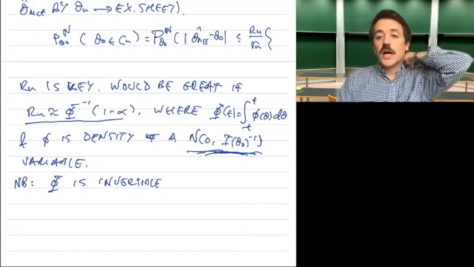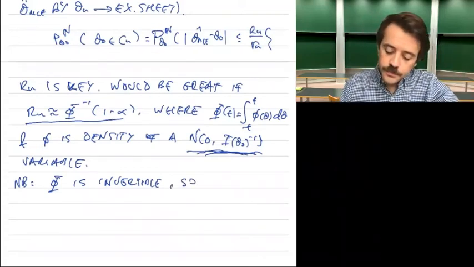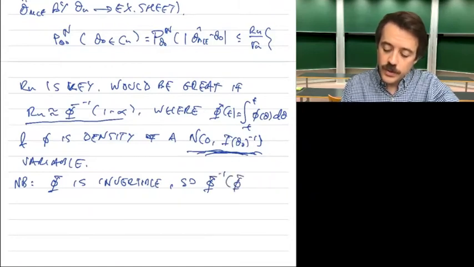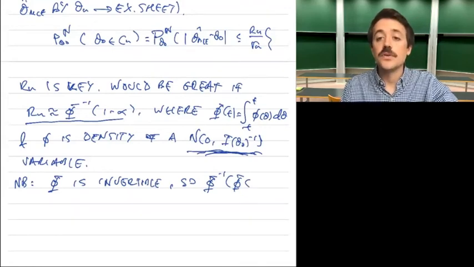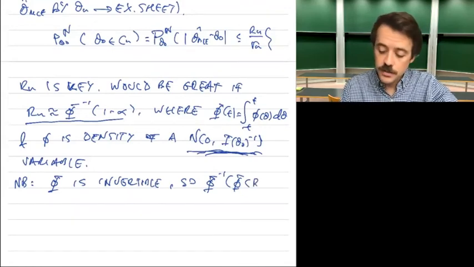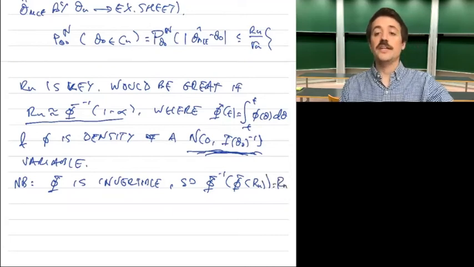So it's invertible, and so this thing is the inverse, evaluated at this other thing, so Rn should be equal to Rn. Yeah, so we know that.